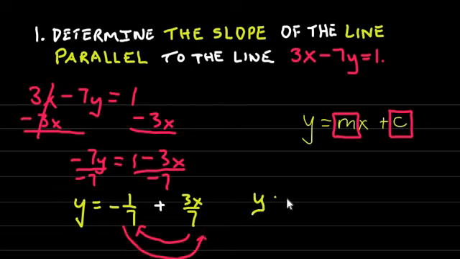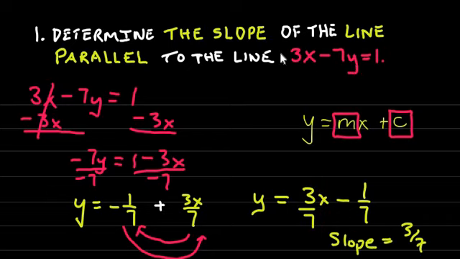We will have y equal positive 3x over 7 minus 1 over 7. Now we have the equation in the slope-intercept form, and we are now able to identify the slope, which is 3 over 7. We know that the line that is parallel to this equation will also have a slope of 3 over 7. Why? Because parallel lines have the same slope.